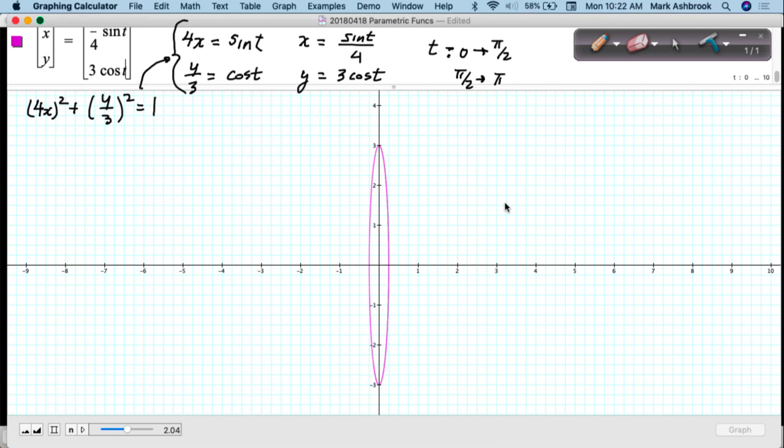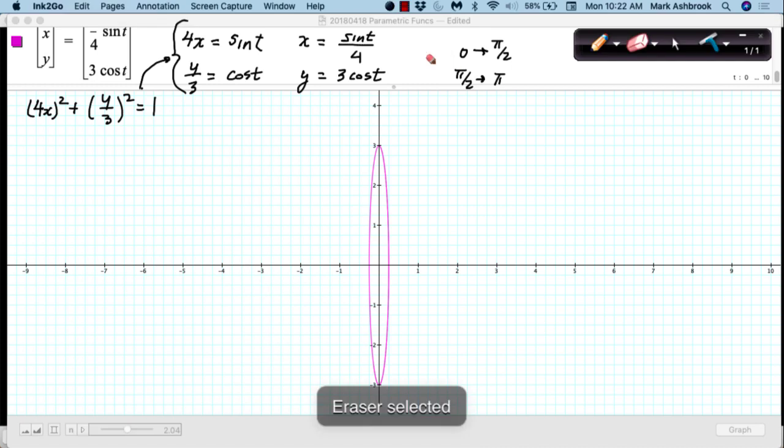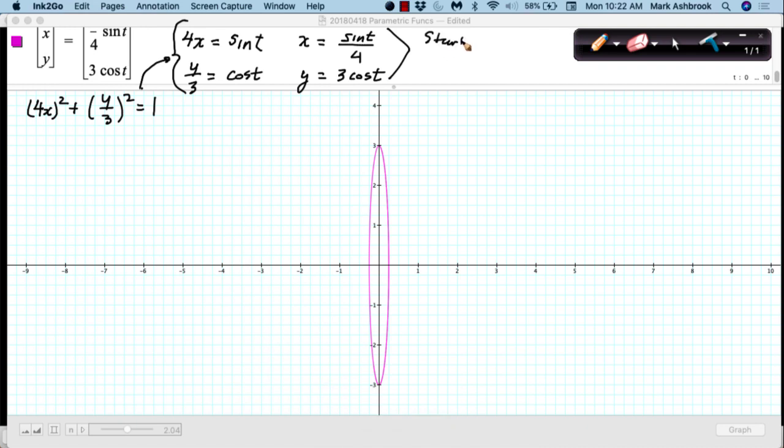So what are the features of this? This one starts at what and goes which way? When t equals 0, this starts at what point? You want 0, 3. Agree with that?